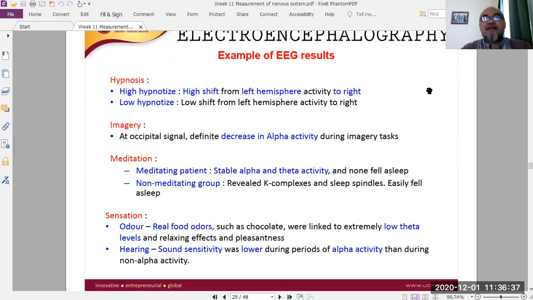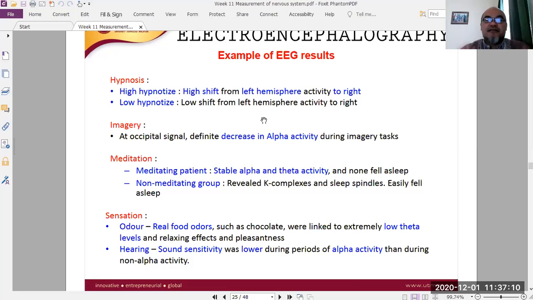So, an example of EEG results for hypnosis. A highly hypnotized person will have a high shift from left hemisphere activity to the right hemisphere of the brain. A low hypnotized person will have a low shift from left hemisphere activity to the right. Imagery: at the occipital signal at the back of the head, there is a definite decrease in alpha activity during an imagery task, when we see an image.